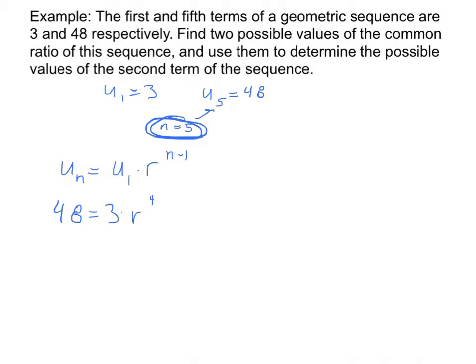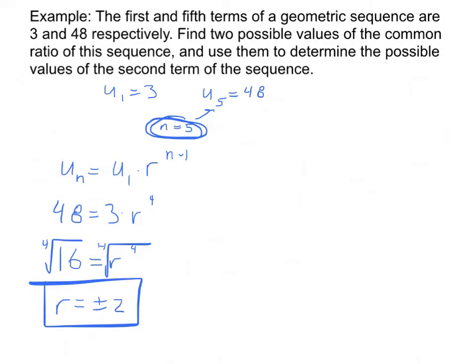If I divide both sides of the equation by 3, I'll get 16 equals r to the fourth. When I take the fourth root of both sides, I'm going to get r equals not just 2, but plus or minus 2. The problem said find the two possible values, so I found that r was plus or minus 2.